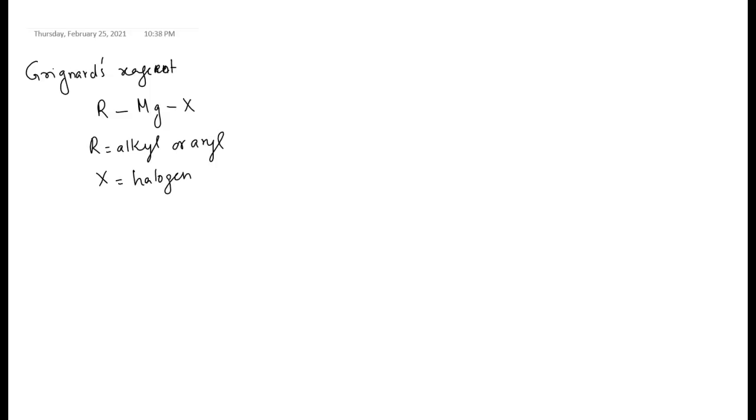So if you have CH3Br and you react it with magnesium, magnesium can insert itself between the alkyl group and the halogen, and what you get is a Grignard's reagent.